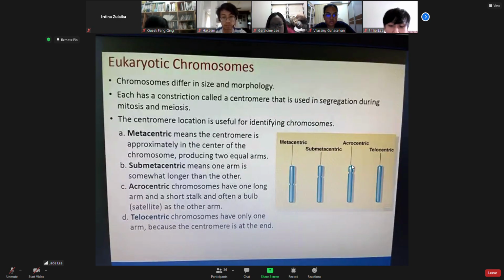For example here, it looks like just one bulb. Another one is the telocentric, which has only one arm because the centromere is at the very end. So these types of arrangement can help us to identify the position of the chromosome. We can name chromosomes. Remember, each chromosome has different features. So this is how we look at the structure of the chromosome.